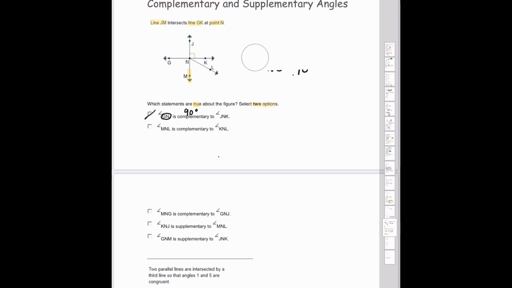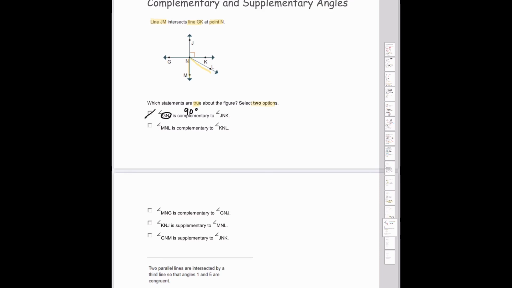The next question states that M and L is complementary to K and J. Well, here we have M and L. And here we have K and J. Right? Well, those two angles are in fact complementary to each other. How do we know that?